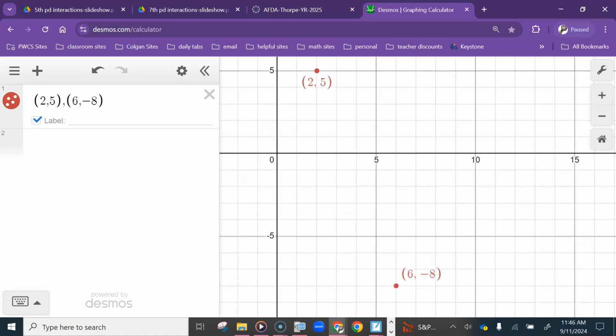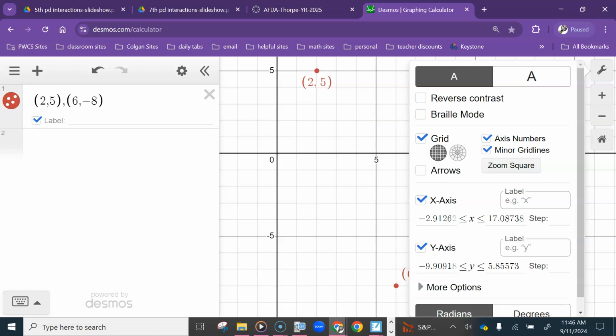If you were to put in the points, you could manually count it. Now sometimes I am too close to the board and I miscount, so I like to go into this.